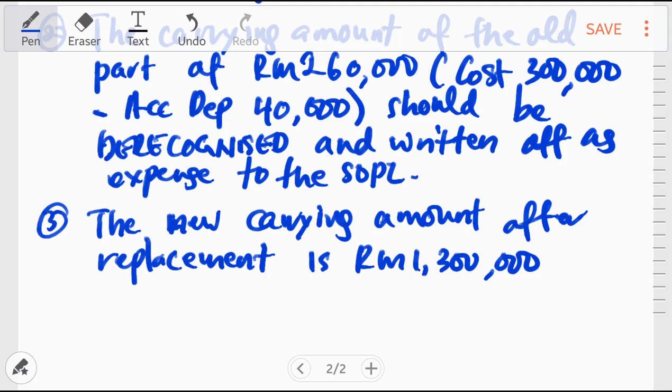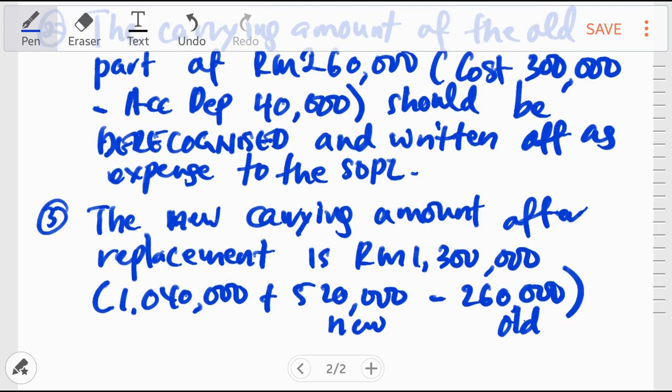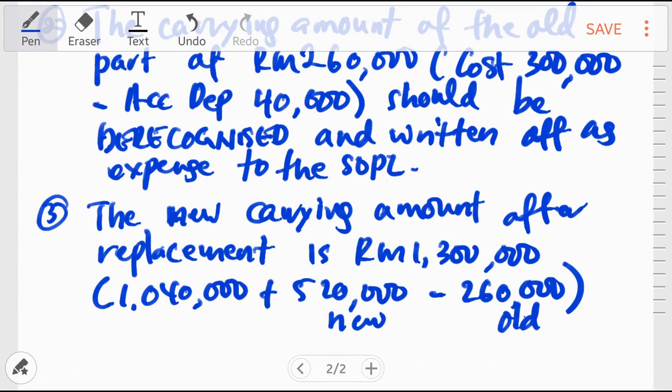And for that 1.3, show the working here: 1040 plus 520, the new cost, minus 260,000. So this is new. This is the old parts replaced.